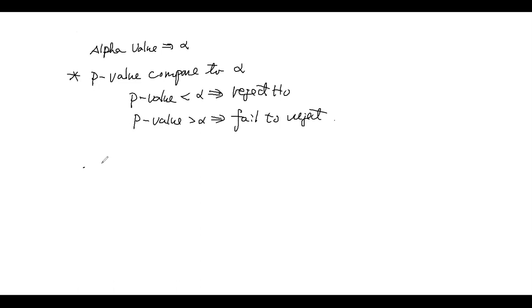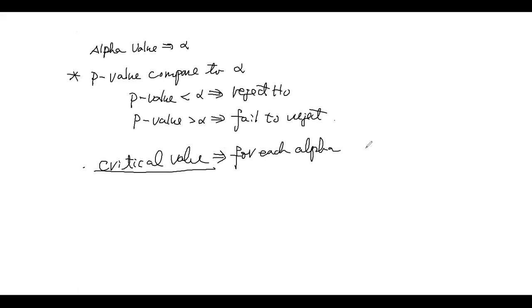Okay, so now we talk about the critical value. The critical value is for each alpha value. The critical value is associated with the alpha value, just like that table I did for you a while ago.